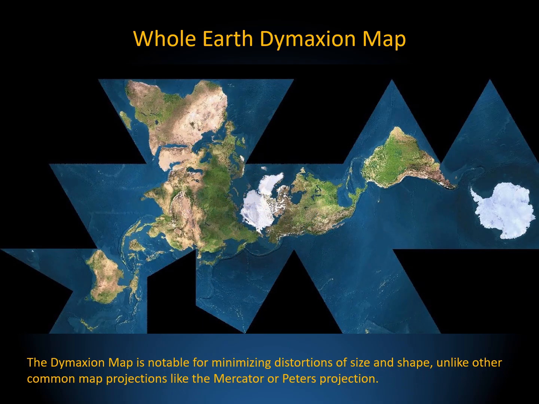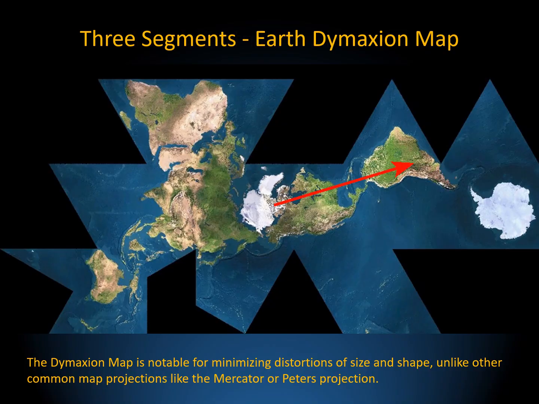The very first thing that strikes me about this map is the natural division between various segments. There are three continental segments, the first incorporating North and South America, the second incorporating Europe and Africa, and the third segment incorporating Asia and Australia.